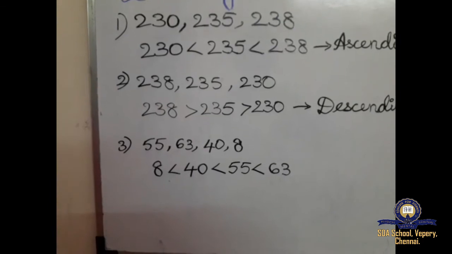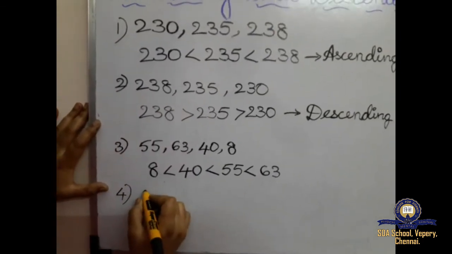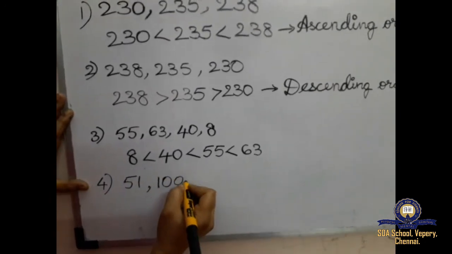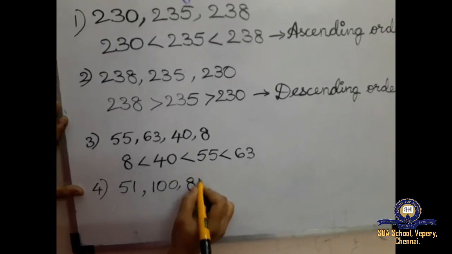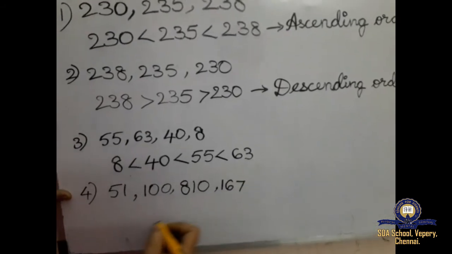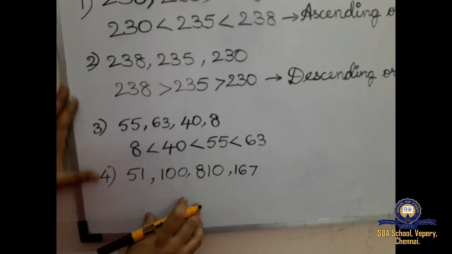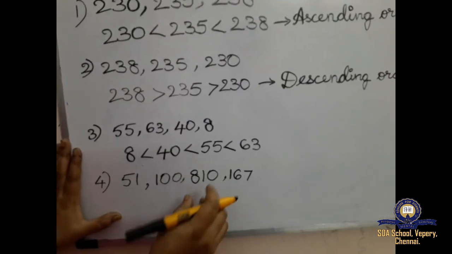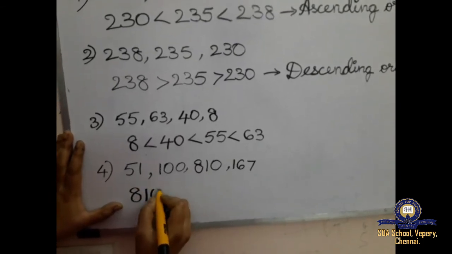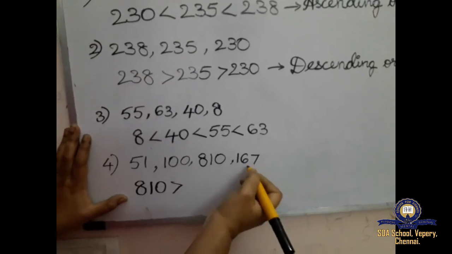So we will see one more sum for descending order. 51, 100, 810, 167. So here also it is not in an order. Now we will find descending order. So first higher number, that is greater number, 810 greater than, what is the next greater number? 167.